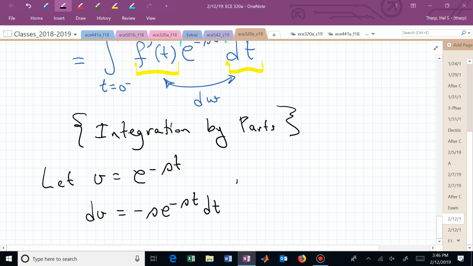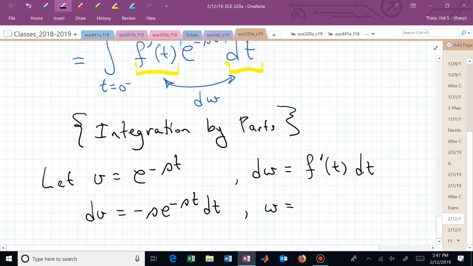And w, or dw, we said, was what was left over. We wanted to essentially get rid of the f prime. dw better have that f prime, because then we'll end up with w, and that will give us this undifferentiated waveform for f. dw then is f prime of t dt.